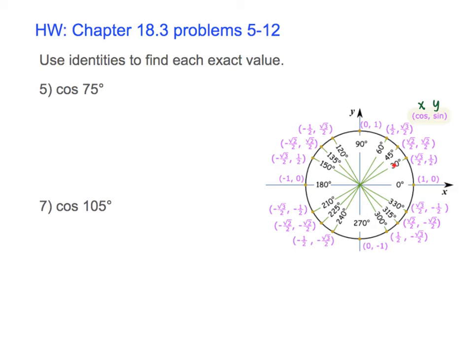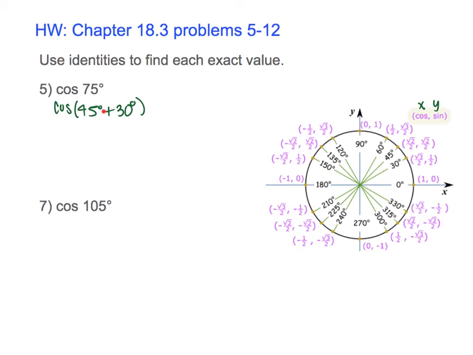45 added with 30 gives me 75. So what I'm saying is I can split this up as cosine 45 degrees plus 30 degrees, and that would add to give me 75.